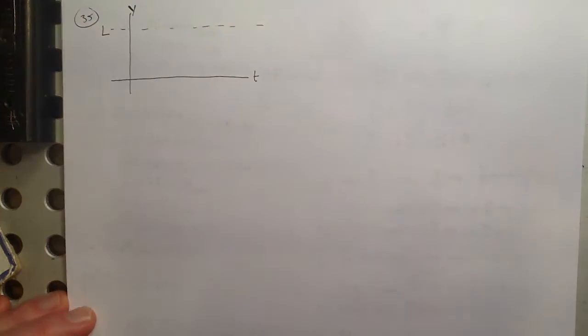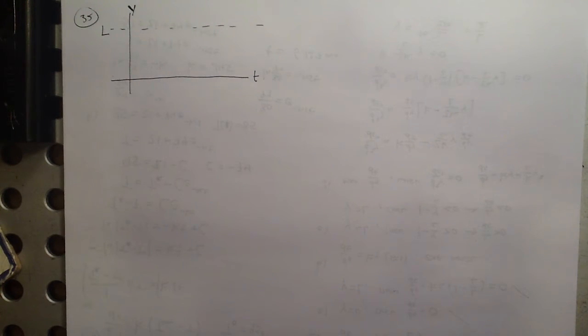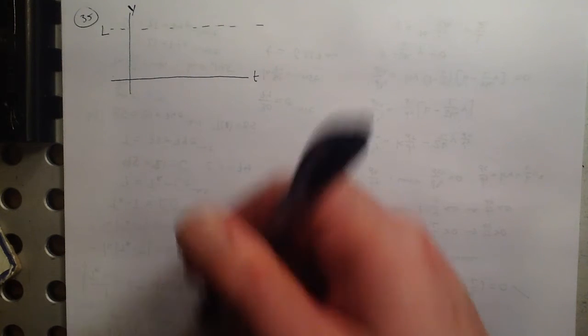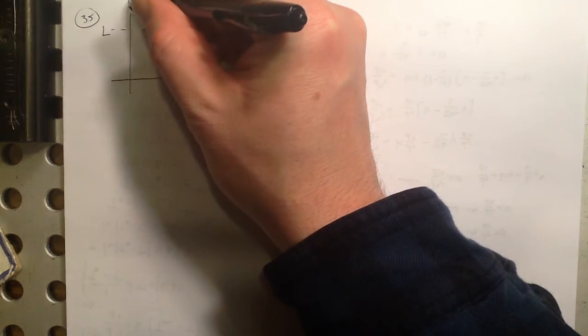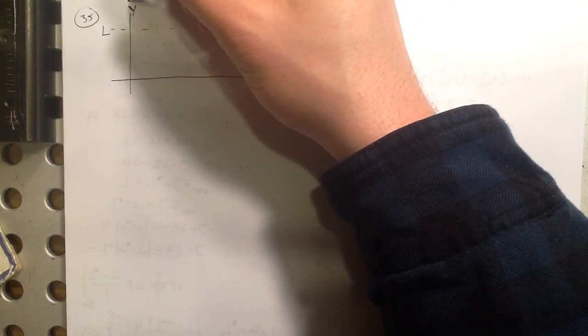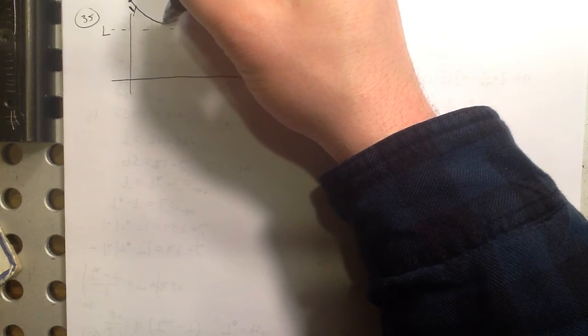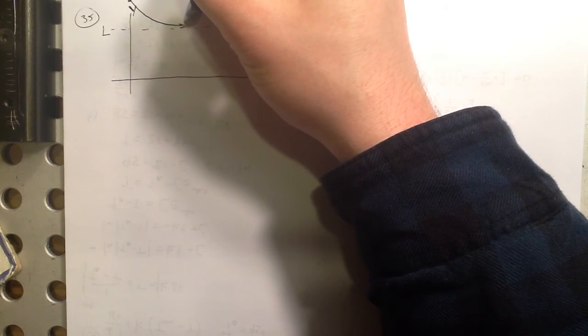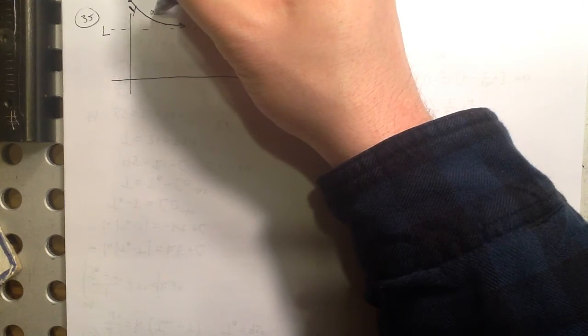So let's say here's a graph of y versus t, and here's L, there's our carrying capacity. And I'm going to just make all these sketches here on the same graph, and I'll just label them A through D. So what happens if your starting condition, y sub 0, is bigger than L? Well, in that case, the slope starts out negative, and it approaches the carrying capacity there.